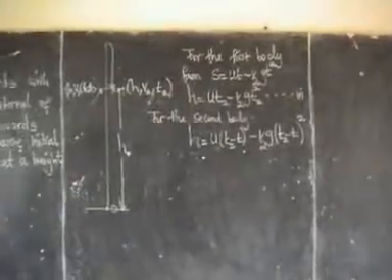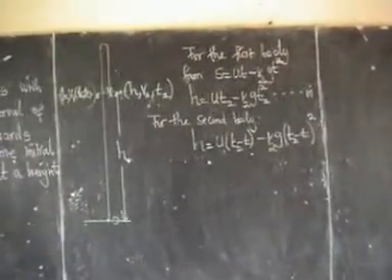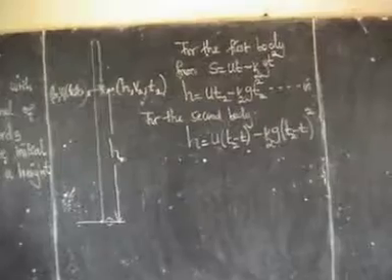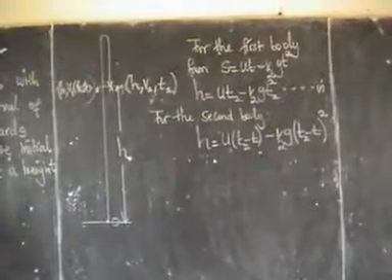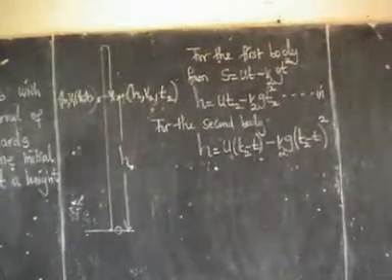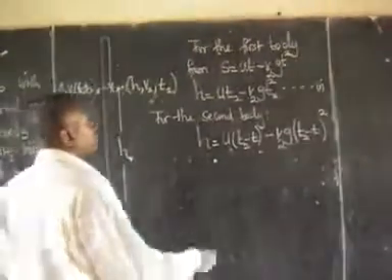Now they want us to prove that the value of h is going to be equal to the given expression. Now when you look at these two, we are now having a task.